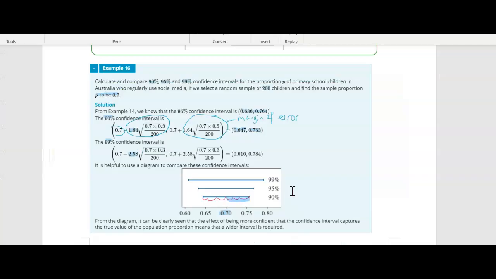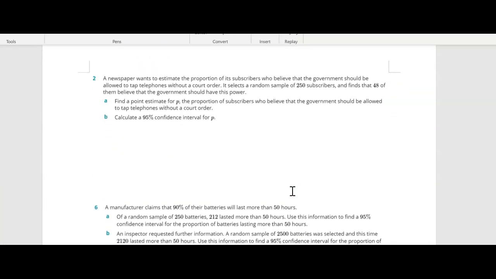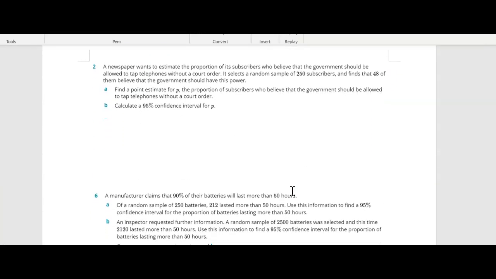Okay, let's have a look at a few questions. All right, so question 2. A newspaper wants to estimate the proportion of its subscribers who believe that the government should be allowed to tap telephones without a court order. It selects a random sample of 250 and finds that 48 of them believe that the government should have this power. Find a point estimate for P, the proportion of subscribers who believe the government should be allowed to tap their telephones, and then 95% confidence.